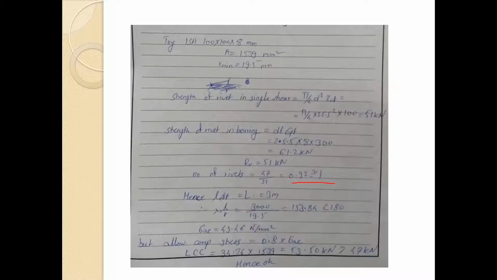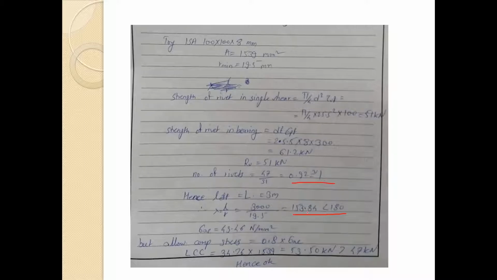So lambda equals L by R, that is 3000, the center to center distance has been given, divided by R minimum 19.5. So that becomes 153.84. Again we need to check the slenderness ratio, which should be lesser than 180. So the condition is satisfied.